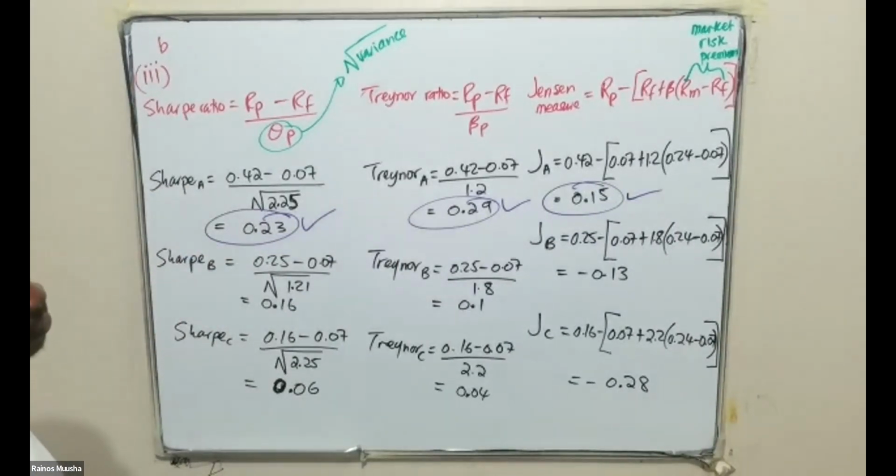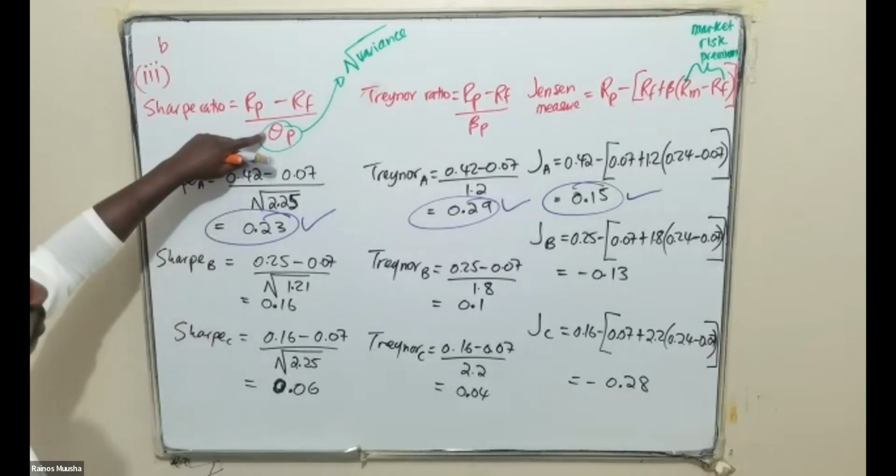So when you look at the Sharpe ratio, Treynor ratio, and the Jensen measure, A was best performing, and over and above that, a total risk perspective would also support that.